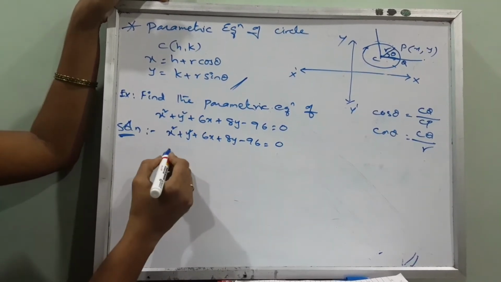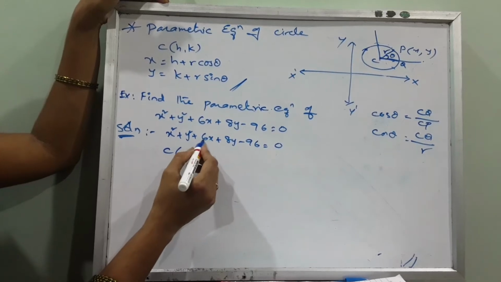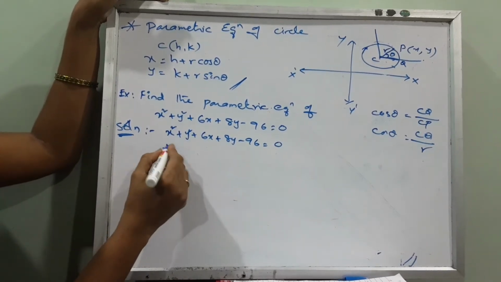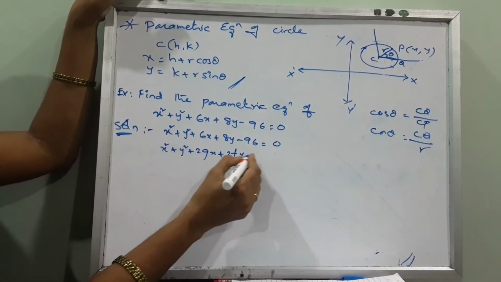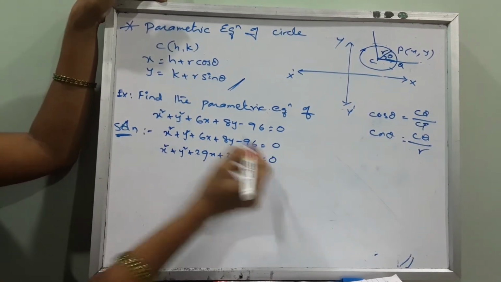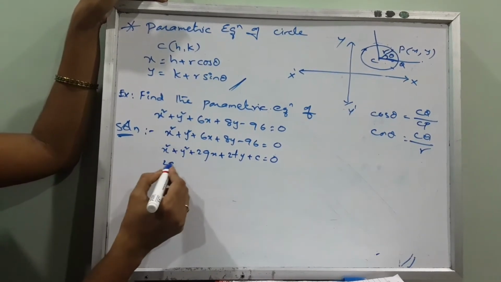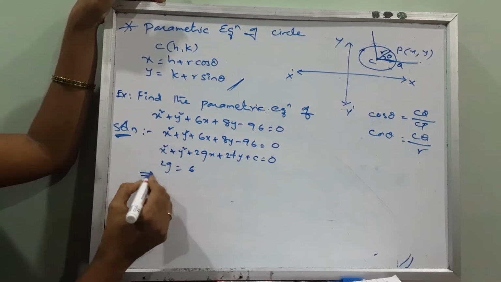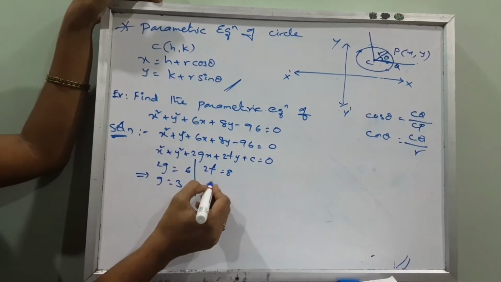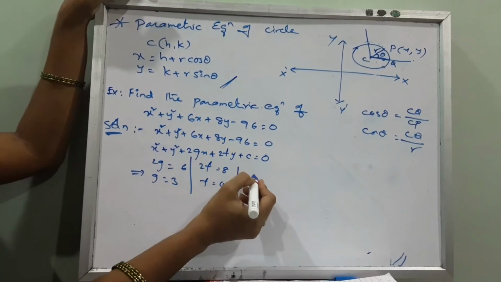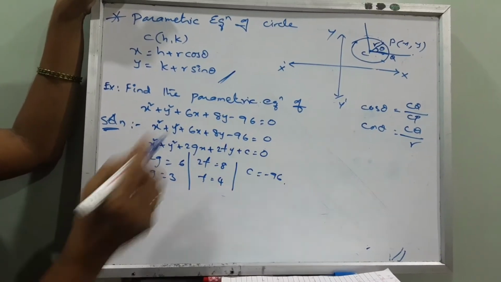Comparing the given equation with x square plus y square plus 2gx plus 2fy plus c is equal to 0, here 2g is equal to 6. From this g is equal to 3 and 2f is equal to 8, then f is equal to 4 and c is equal to minus 96.